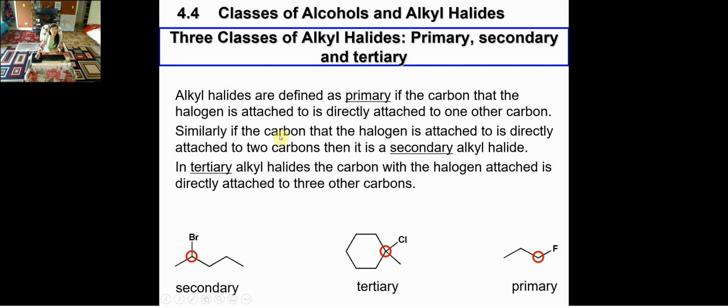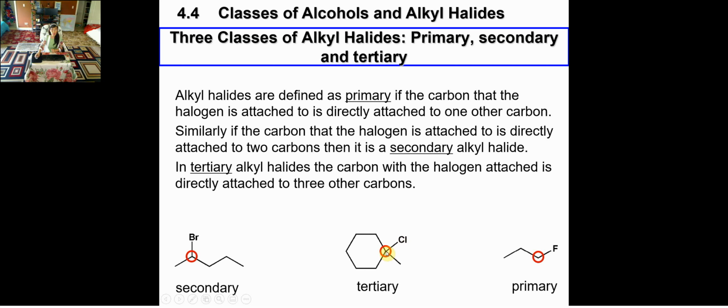So if the carbon that the halogen is attached to is directly attached to two other carbons, you define this halide or alcohol as secondary. The tertiary: this carbon, you see the red circled carbon which is directly connected to the chloro.